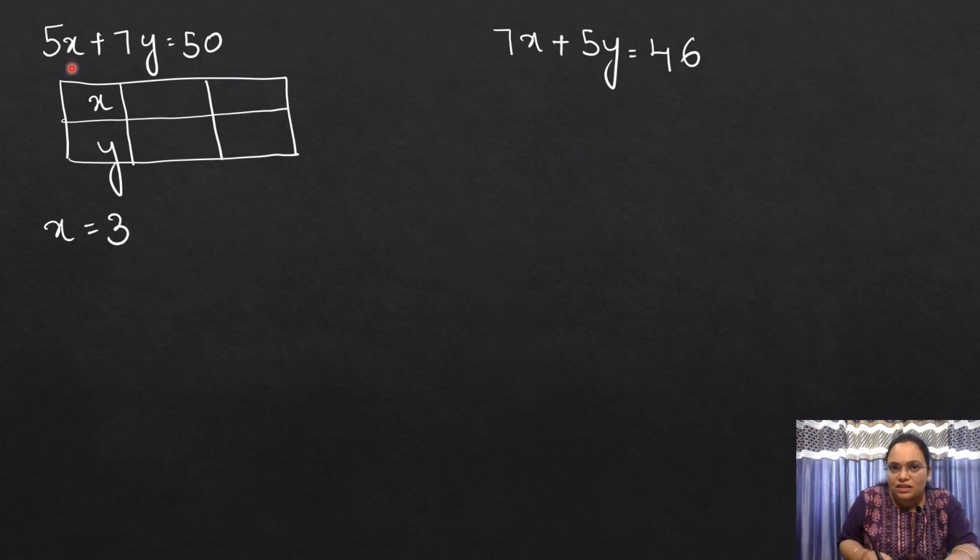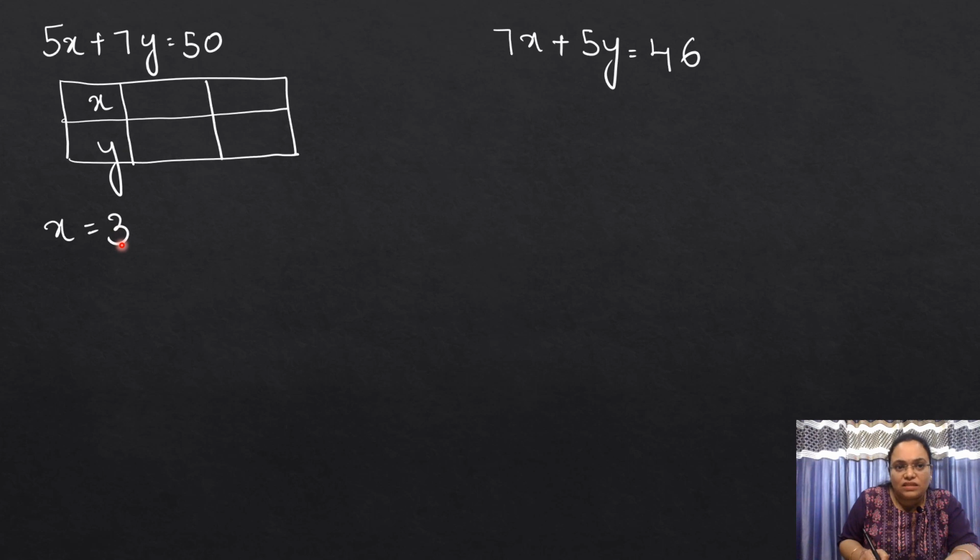If you take x equal to 2, this will be 10. If you send it to the RHS, 50 minus 10 is 40, so 7y is equal to 40, and y is equal to 40 by 7, which is again a decimal. So let us see for x equal to 3.